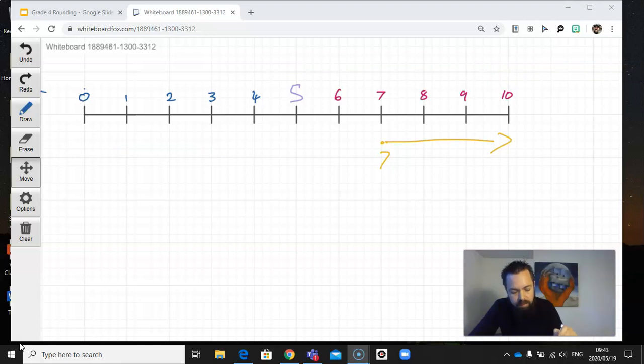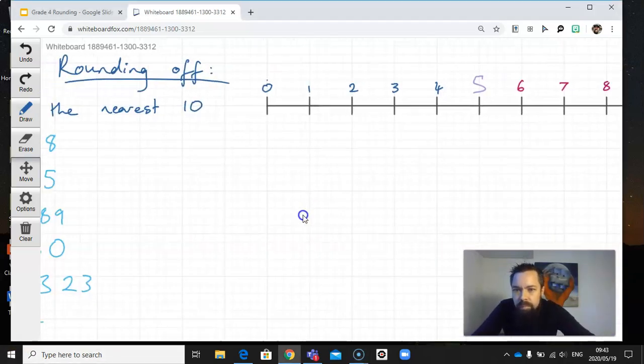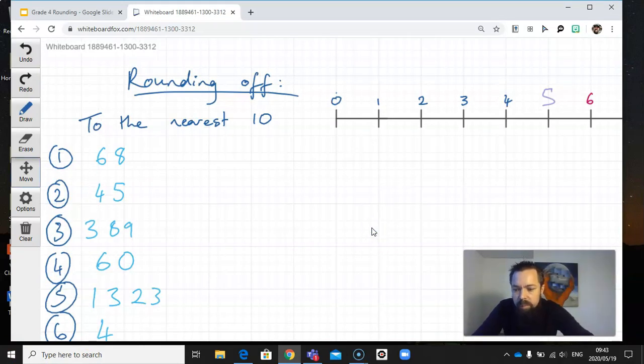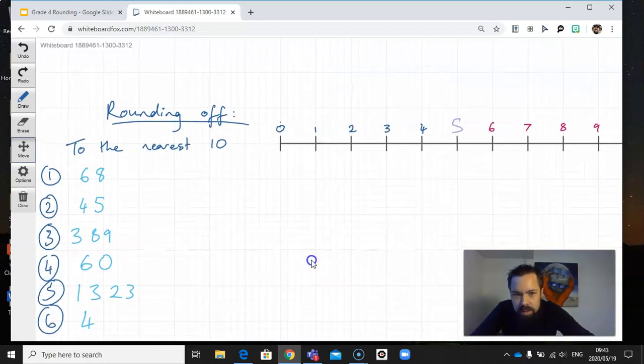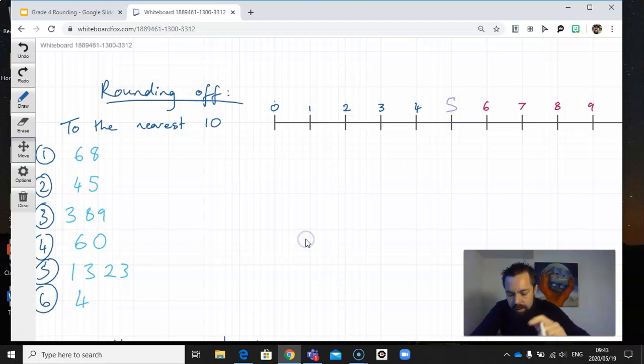So let's have a look at some practical examples. I think perhaps I'm going to make my screen a little smaller so you can see the number line and the questions at the same time. All right, so let's first of all look at 68. So we've got 68.